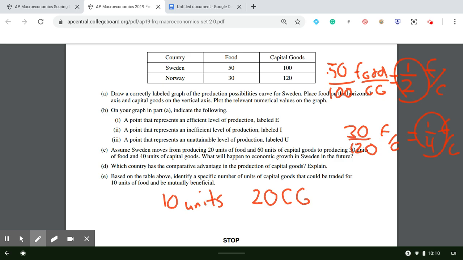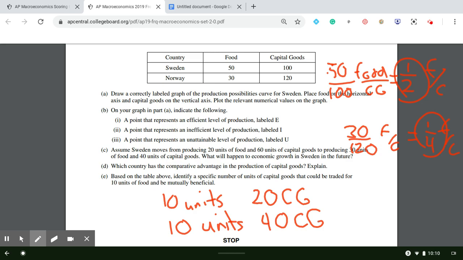Otherwise they could do better. If it was just 10 for 10, they'd be like, well, we could give up some food to get those capital goods. For Norway, they don't want to give up more than 40 capital goods in this trade. Because that's 1/4 food per capital. If they give up more than that, then they could have been better off just making their own food.